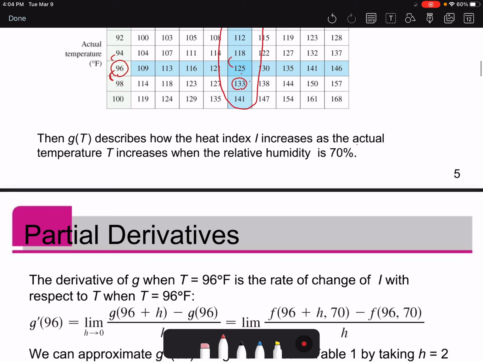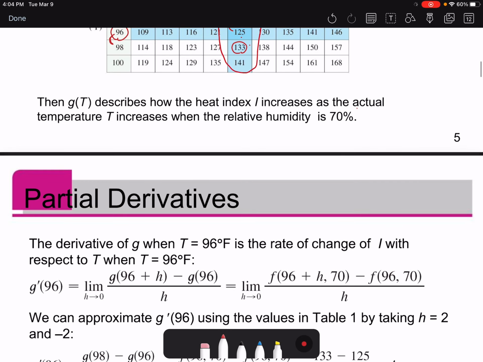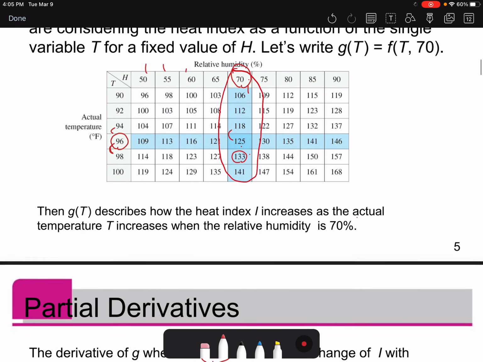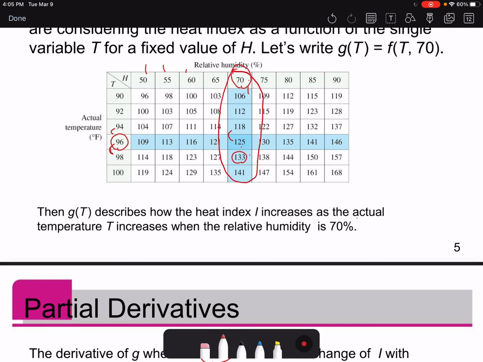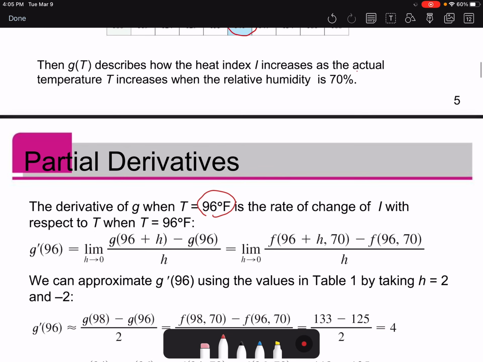When T equals 96 degrees, the actual temperature, remember, we're going to fix the relative humidity at 70%. The 96 represents the temperature, and h represents the change.